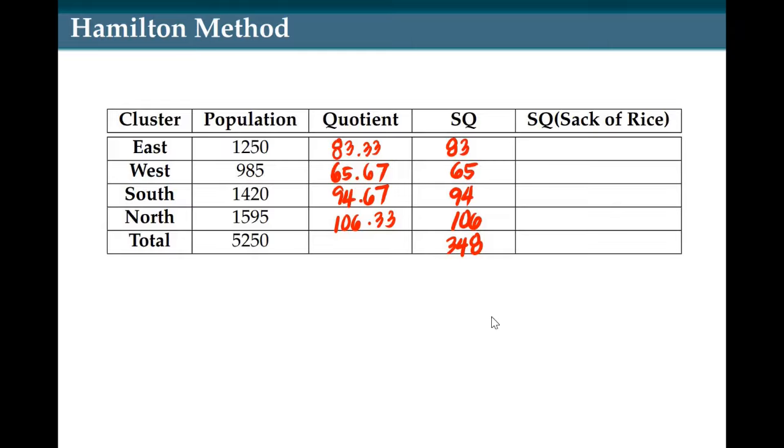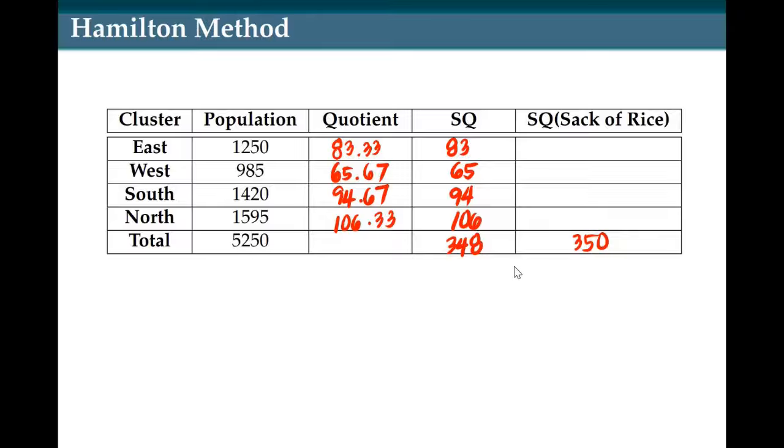If we recall from the problem, we have to apportion 350 sacks of rice, and after step number 2, the sum is less than the total number of sacks of rice to be apportioned.